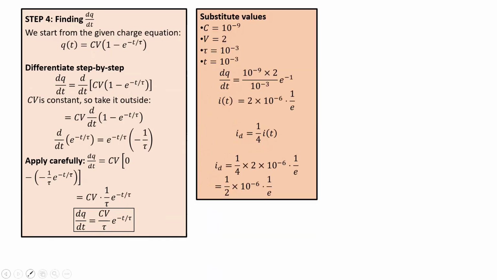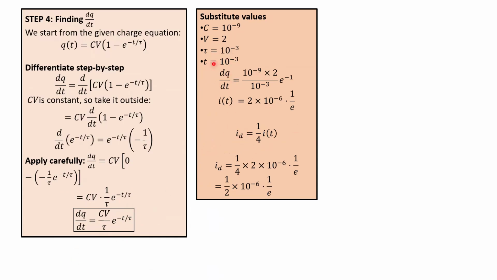Now, let us start substituting. C value is given as 10 to the power minus 9. Voltage is 2. Time limit is 10 to the power minus 3, and tau is 10 to the power minus 3. So all the values you have to substitute and then only simplification is left.